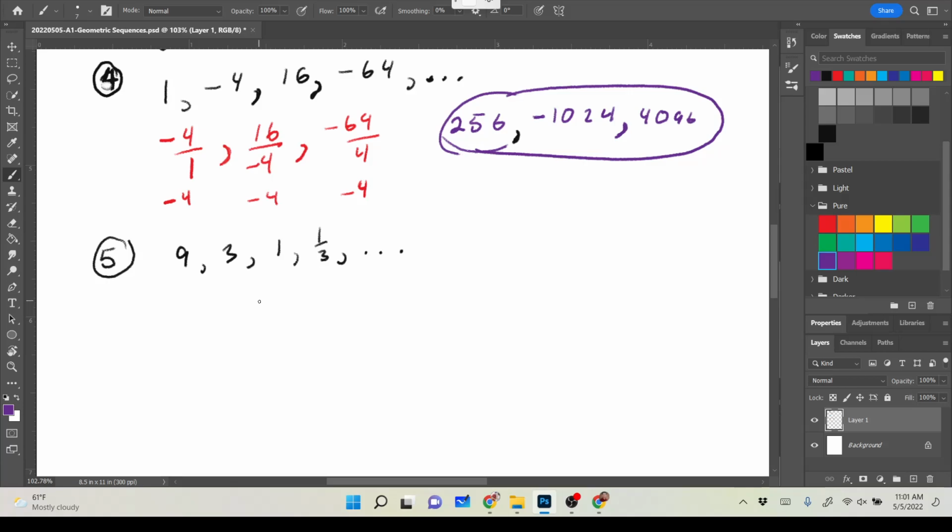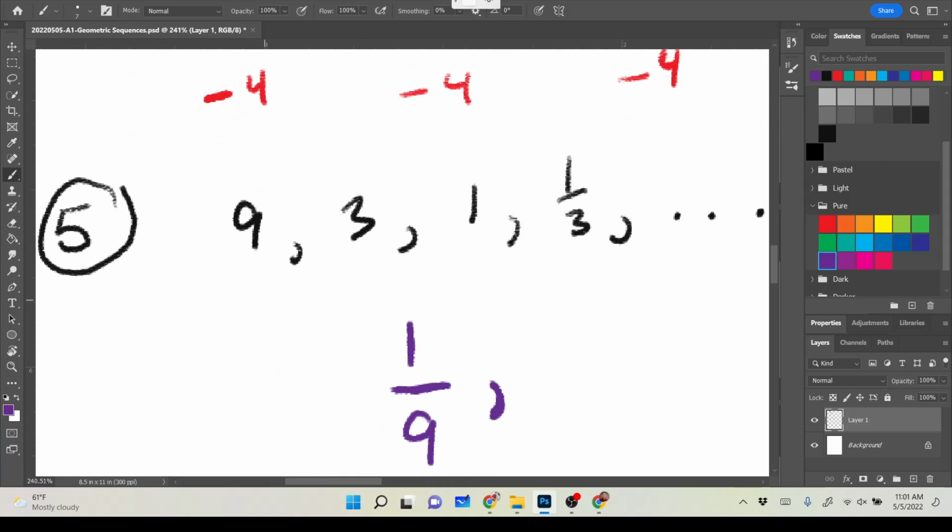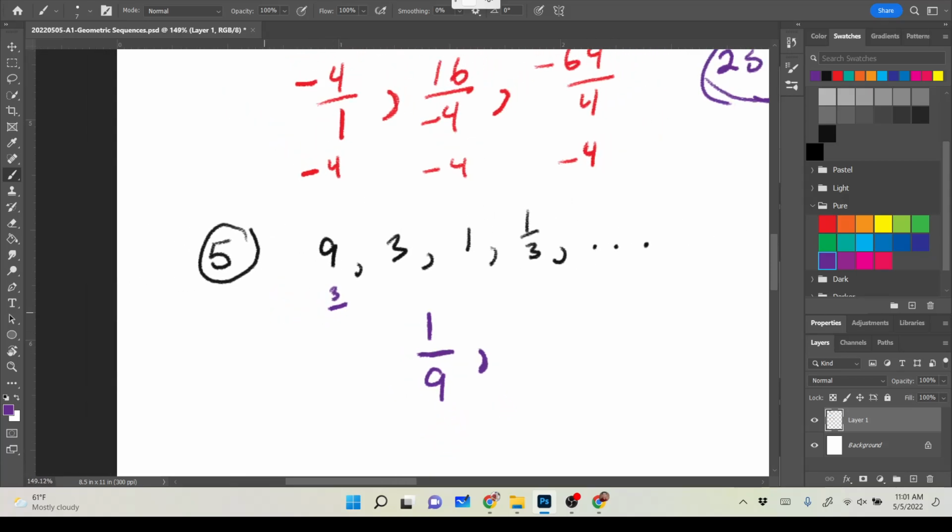No, not 2/6, that's not even a reduced number. So what are we multiplying by? Not 3, we're multiplying by 1/3, because that's how you would get to here. Then 1/27, then 1/81.